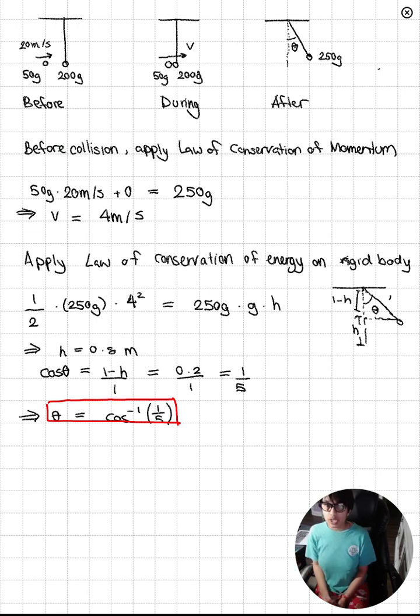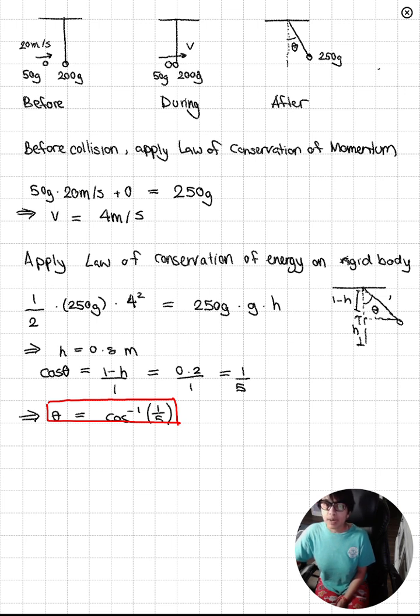So before the collision, we can apply the law of conservation of momentum. But in this case, unlike some of the cases we've seen before, this is an inelastic collision. What does this mean? This means that no energy is lost though. So our original mass consists of 50 grams times its speed, which is 20 meters per second as given in the question.